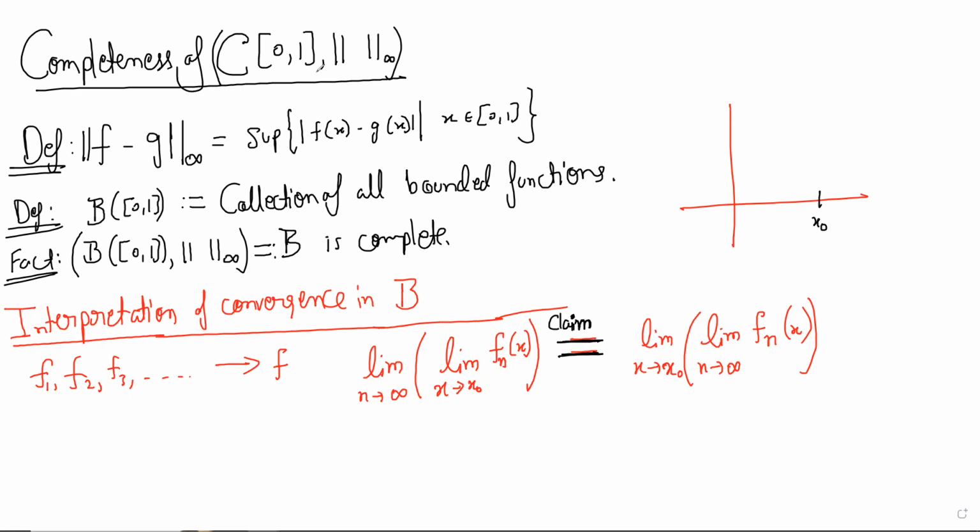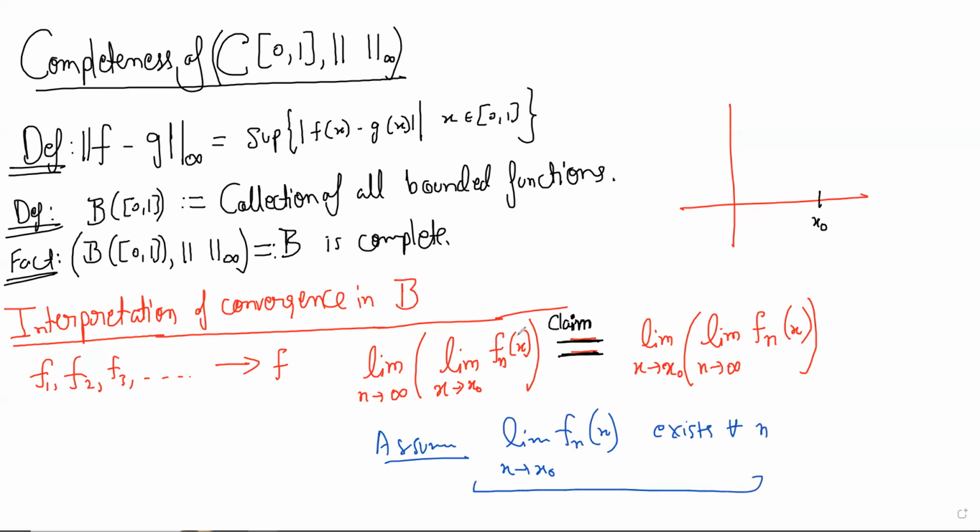I mean, so of course, here you have to assume something, which is to say that maybe you can assume that the limit of f_n(x) as x goes to x naught exists, for all n. Yeah, so you assume this so that this thing exists, and then you can look at this.